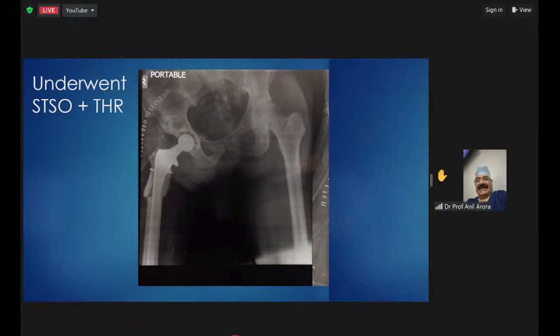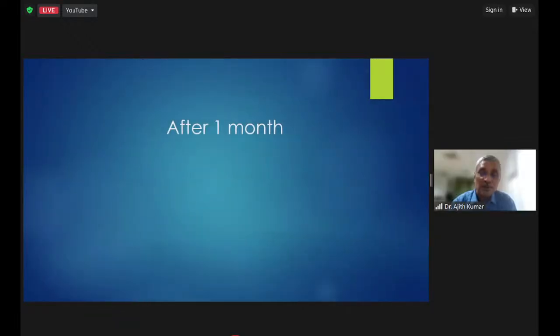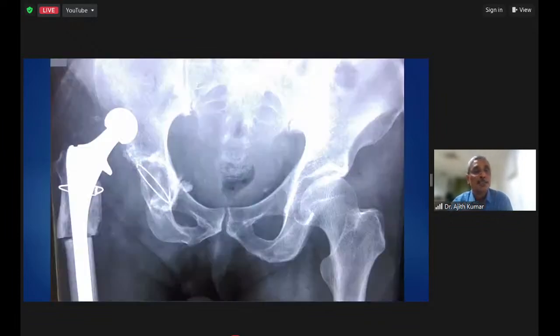Dr. Ajith, did we get a CT scan done for this later on? No. This is the first dislocation, so my first thought was to straight away get him to the OR and reduce it. You can see that the osteotomy has not yet united there. Okay, so there's no malrotation happening there.